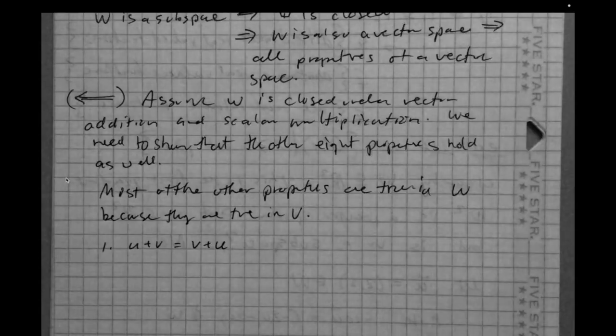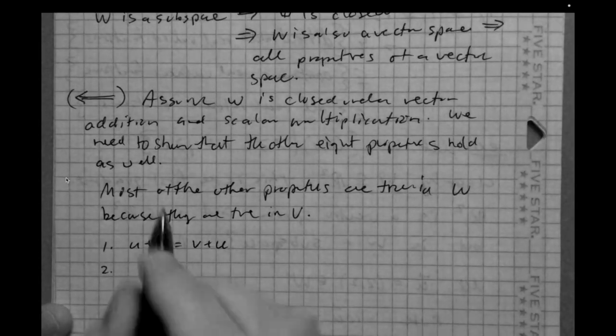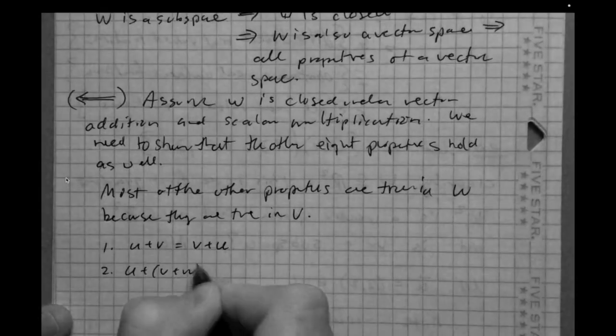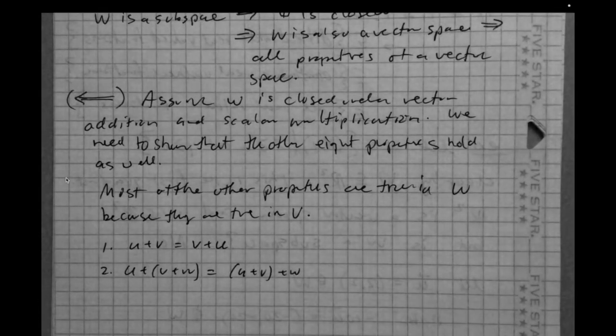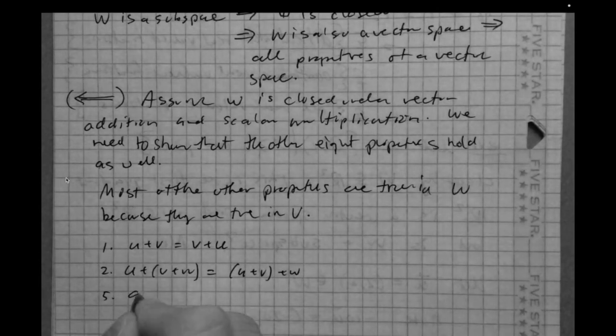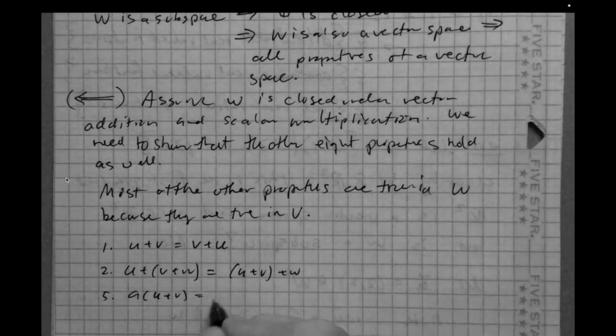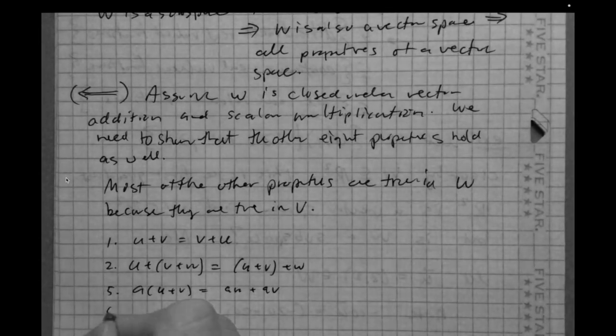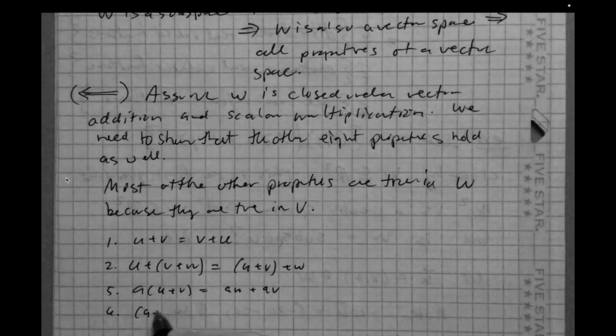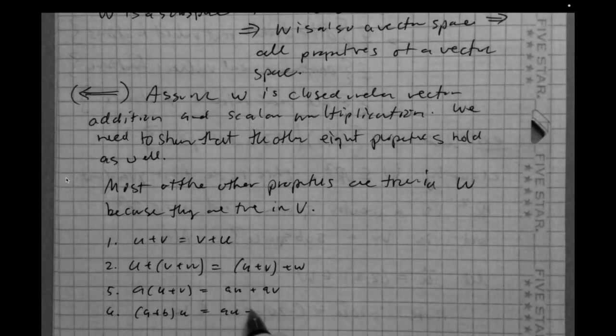Another one is U plus V plus W, the associative property. So that one works. Again, same thing, we inherit these from the vector space V. V is a vector space. So property 5 we get for free. That's A times U plus V equals AU plus AV. We also get number 6 for free. That's A plus B times U equals AU plus BU.